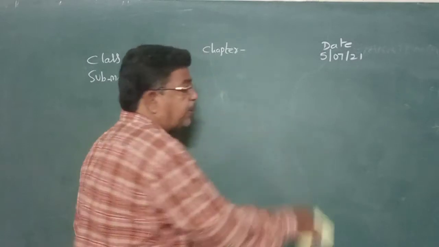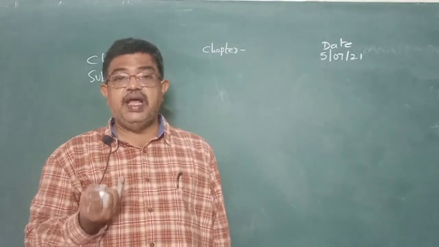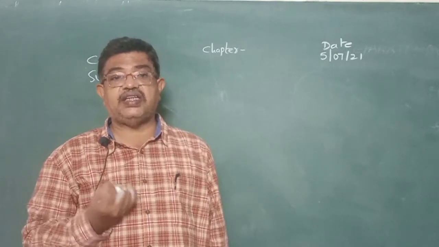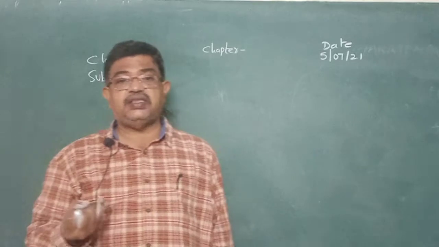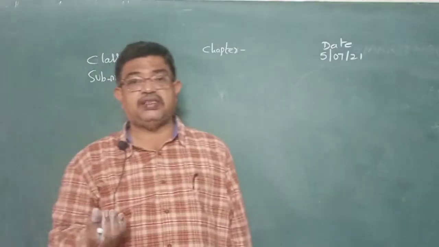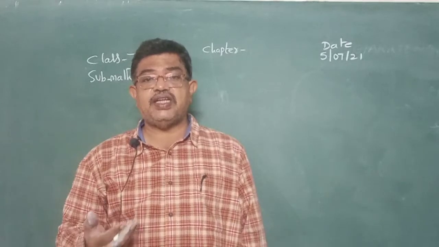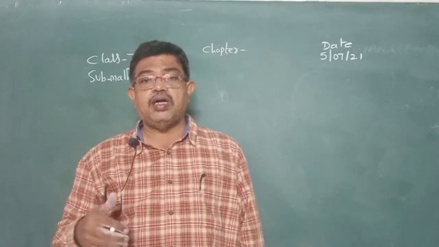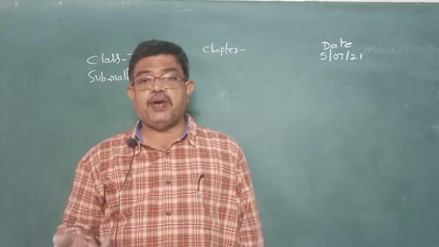So all these points we learned in earlier classes. Just recollect what a fraction is. Any part of a whole is called a fraction. What are the types of fractions? Proper fractions, improper fractions, mixed fractions. What is a proper fraction? A fraction in which the numerator is smaller than the denominator, or the denominator is more than the numerator, is called a proper fraction. What is an improper fraction?